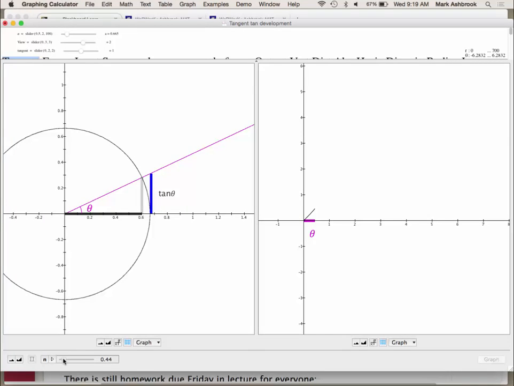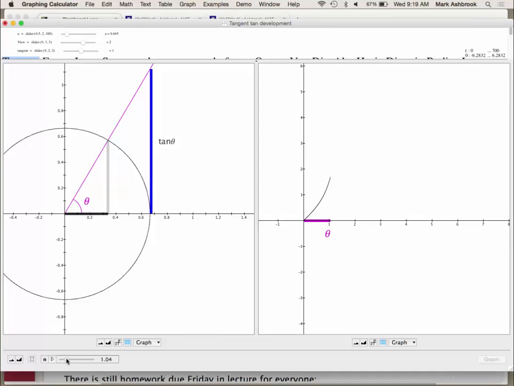All right, so let's just look over here on the right side. So here I've swept this angle theta.